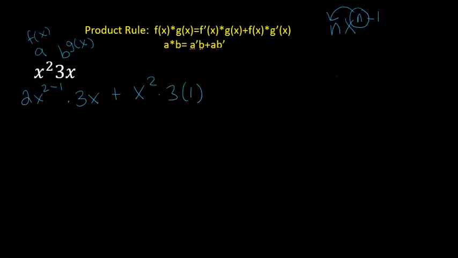Let me go ahead and clean it up. I have 2x to the 1, for my nth degree. We can leave that empty if you want, times 3x plus 3x squared. All I did is take this 3 and move it up to the front. My 3 is a constant, and I turned it into a coefficient. A constant is a number by itself.